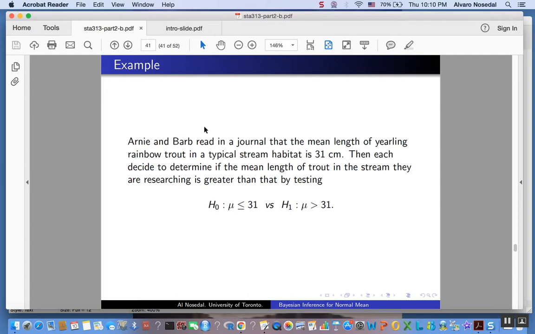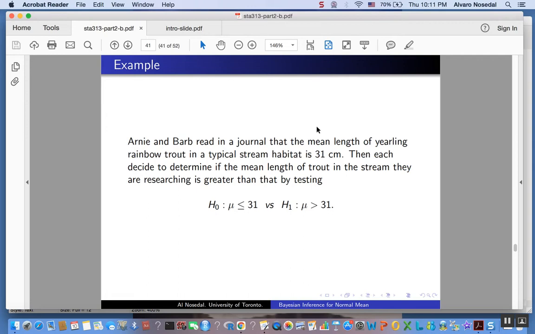Now, instead of computing a credible interval or just finding the posterior distribution for mu, they want to carry out a hypothesis test for that parameter.